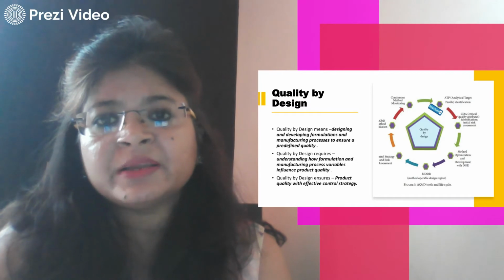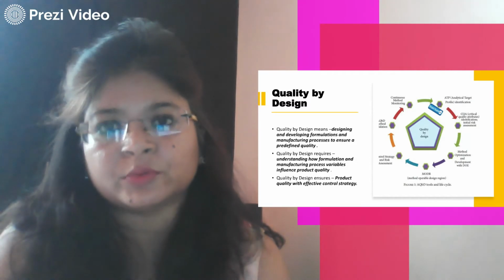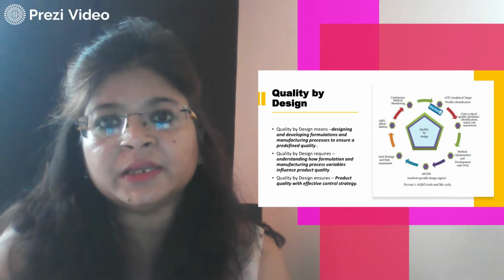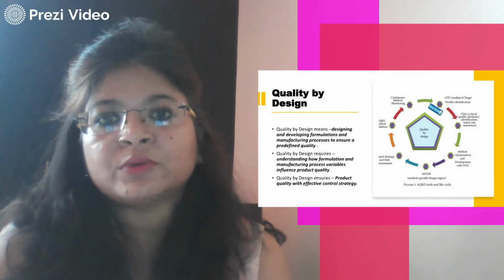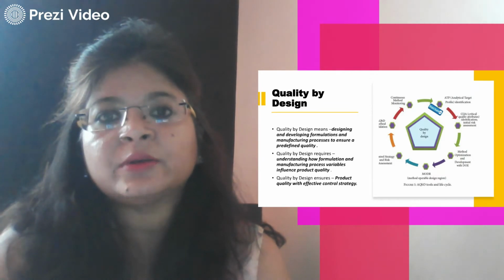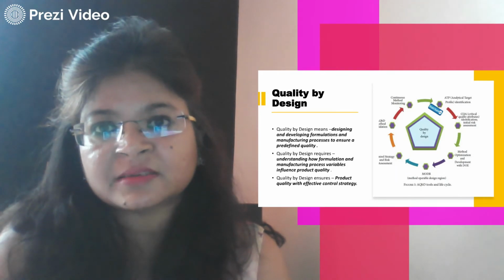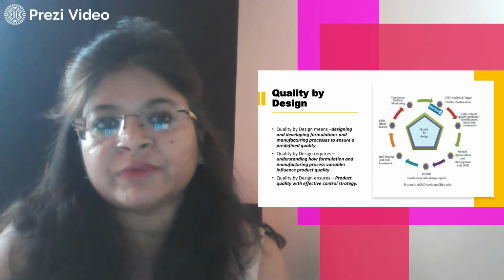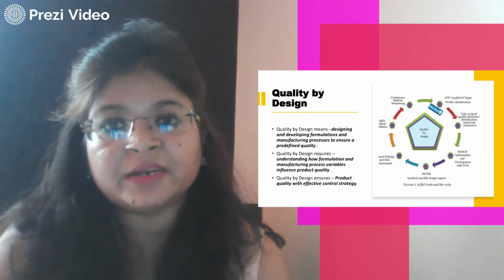In the beginning itself, quality by design says that it is a systematic approach whereby we know from the initial stage that we want a product of this quality, we want the product to have these specifications, and that can only be done once we thoroughly follow that systematic approach from initial to final process. So the quality has to be predefined in the final targeted product.